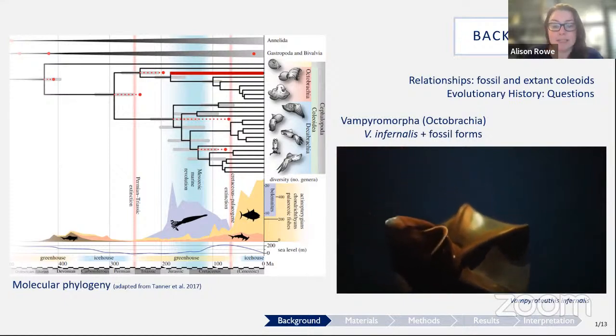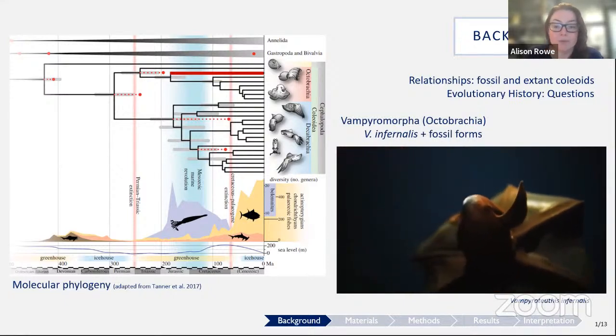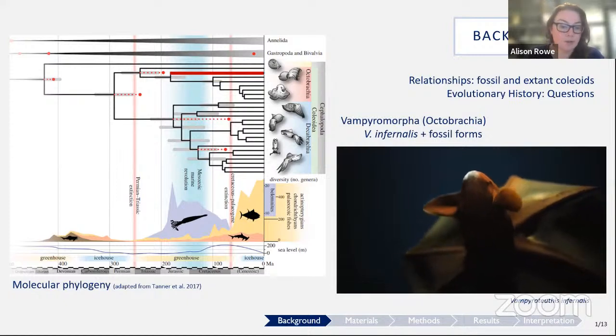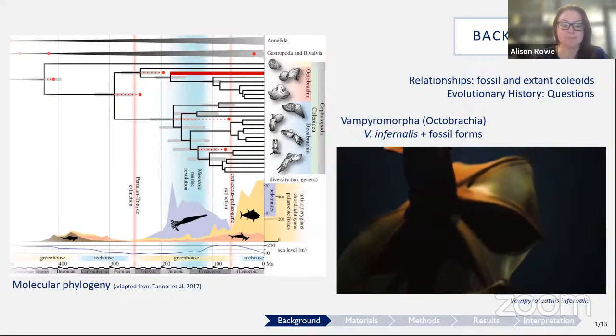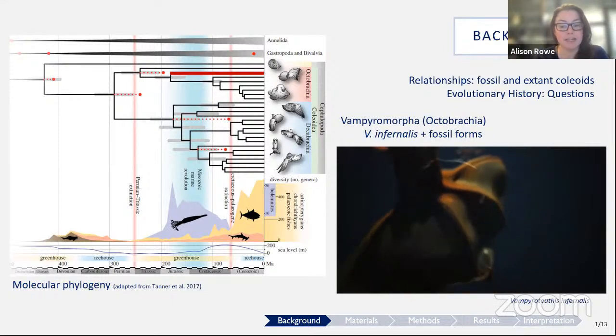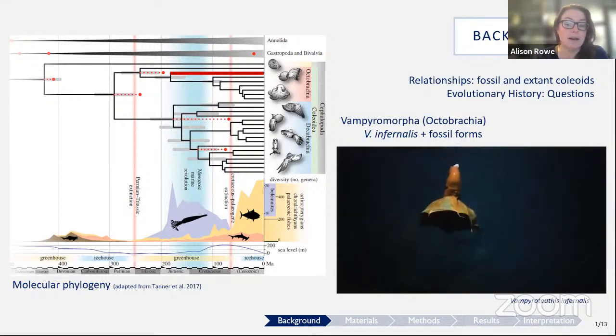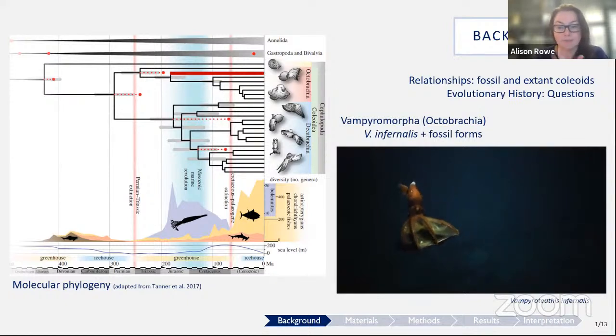They diversified in the Mesozoic, and today their modern forms, squid, cuttlefish, octopus, occupy nearly all marine habitats. But their evolutionary history is not well known. Very simply put, this is due to the lack of comparative material. Basically, soft tissues rarely preserve in the fossil record.